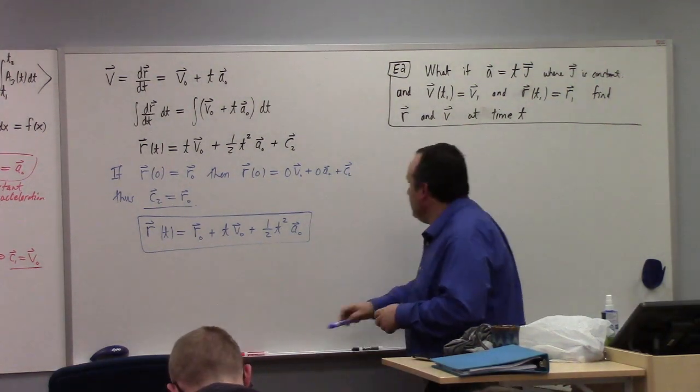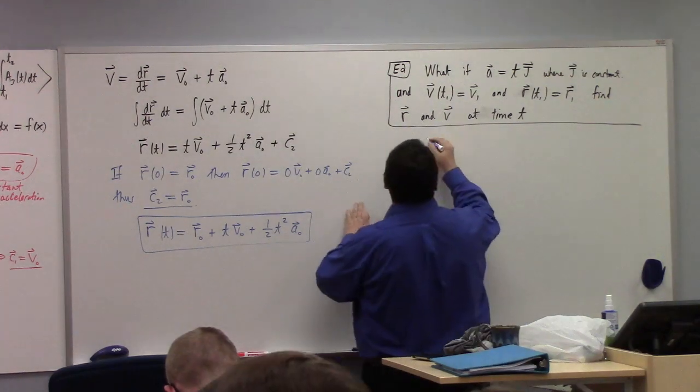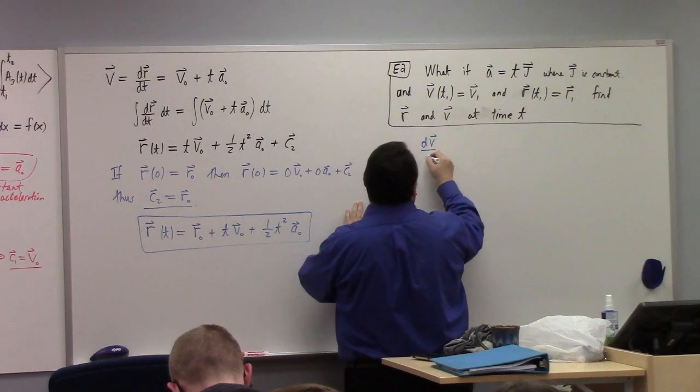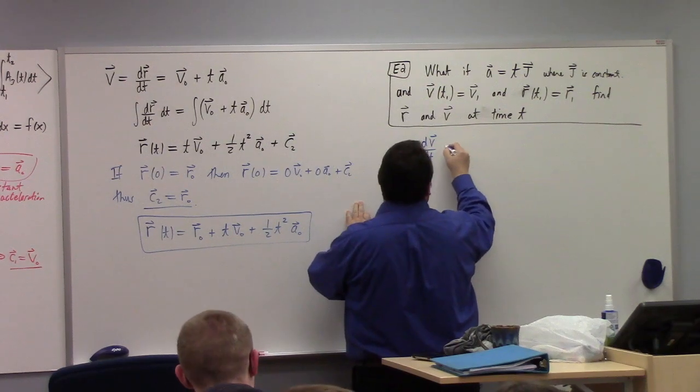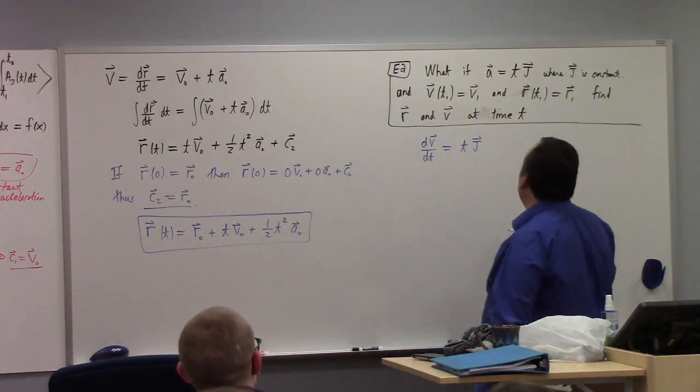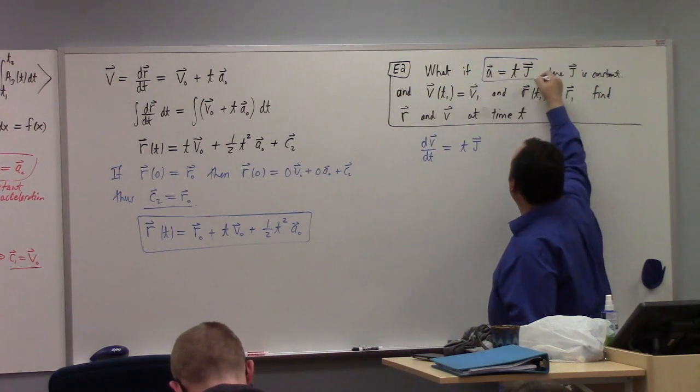I have to start with a, which is actually dv/dt. So I have dv/dt is equal to t times the j vector. That's from this.